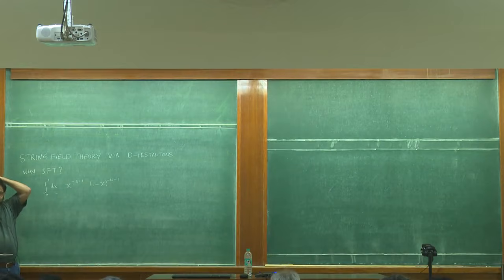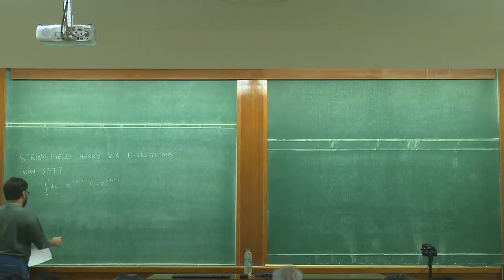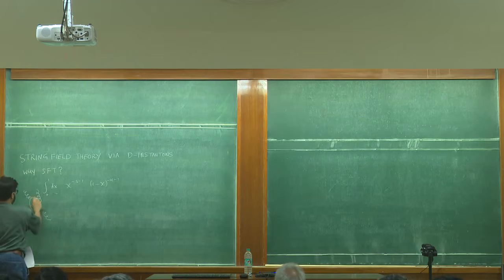Maybe some of the students, have you seen this? Yes, it's the Euler beta function, but what is it a scattering of? A 4-point open string. So this is a 4-point gluon amplitude. We have 4 gluons, and it's tree level.